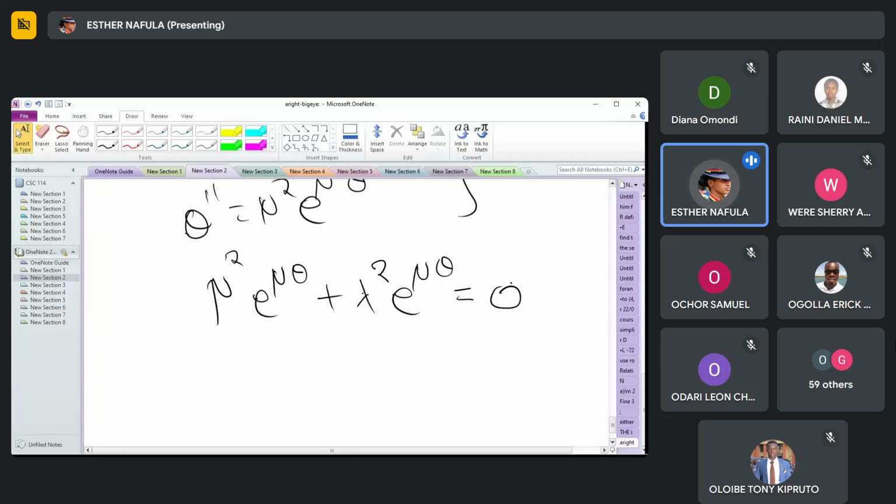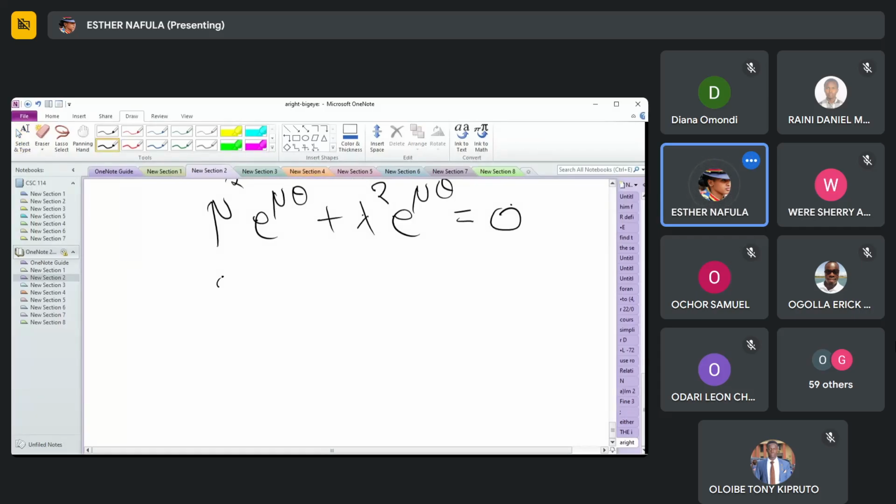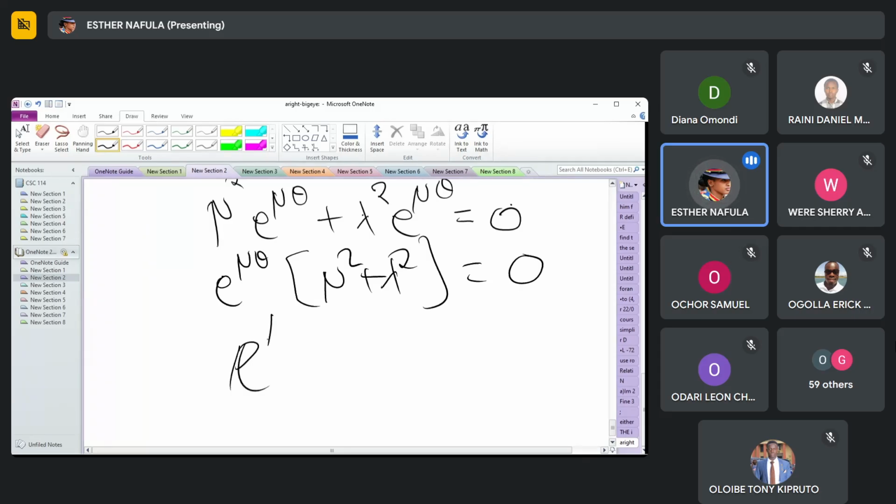Factor out e to the mu theta: mu squared plus lambda squared equals 0. The exponential function can never be equal to 0.